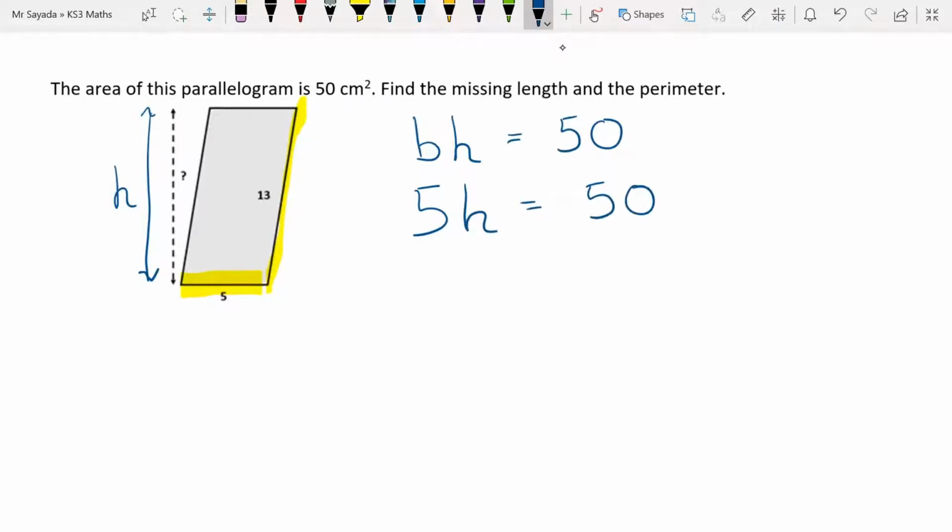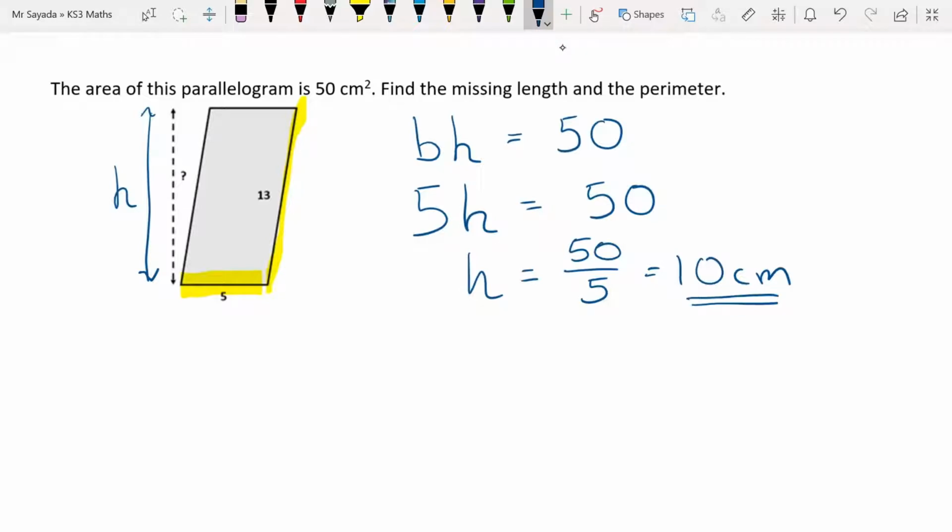So we have 5 times h equals 50. So what must h be if 5 times h is 50? 5 times what is 50? Say your answer to the video now. You should have said 5 times 10 is 50. So that means h is 10. That's actually 50 over 5, which is 10.